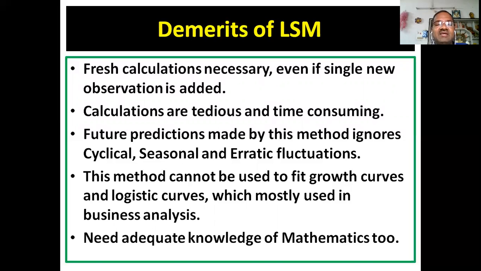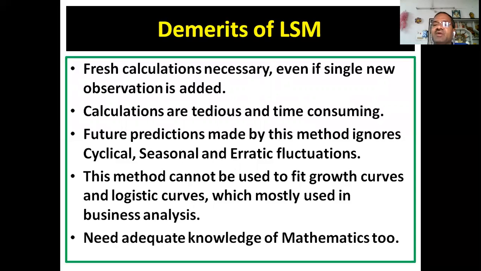The third difficulty is that future predictions made by this method ignore seasonal and erratic fluctuation. This is one of the biggest limitations in almost all methods of trend measurement. While calculating the trend variations of any variable, we should also consider the cyclical fluctuation, seasonal fluctuation, and some kind of erratic fluctuation.